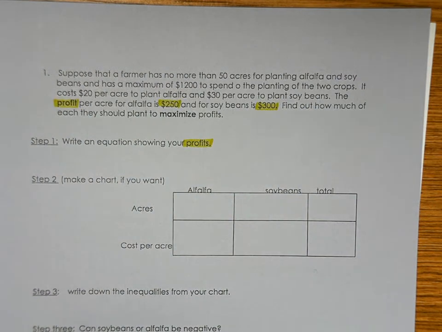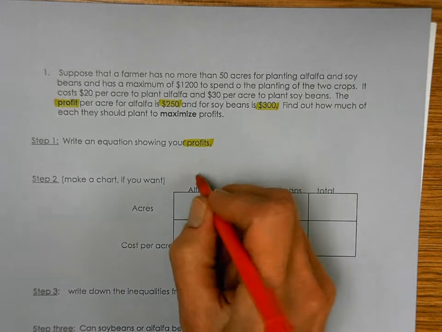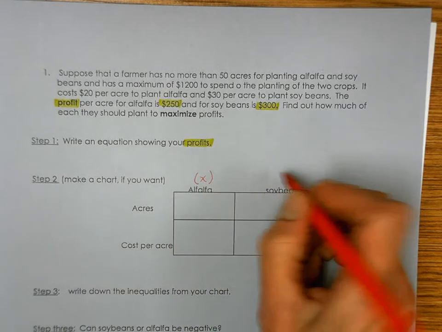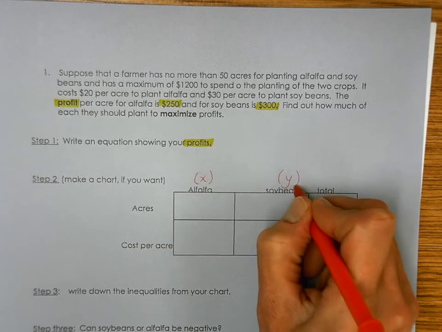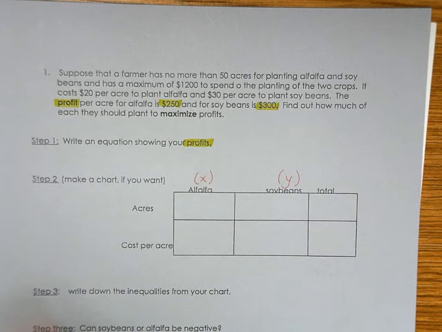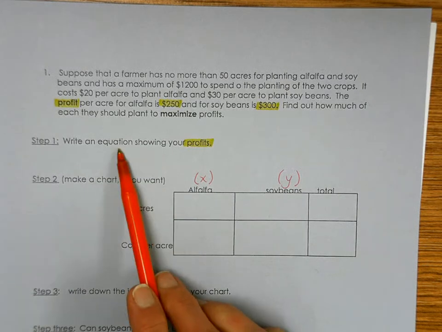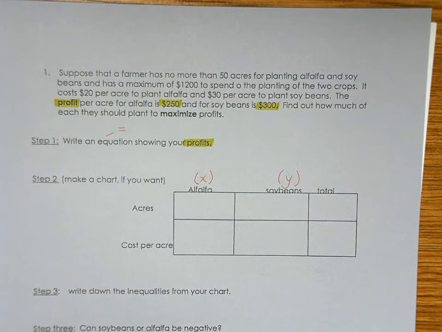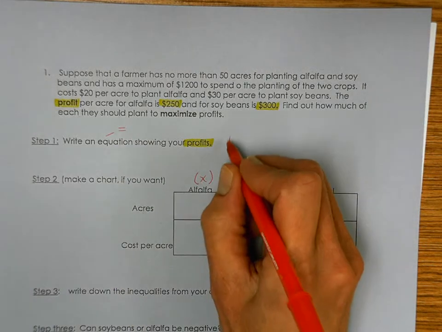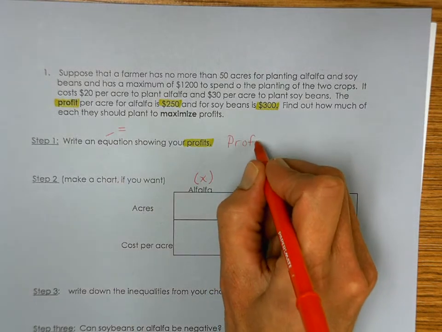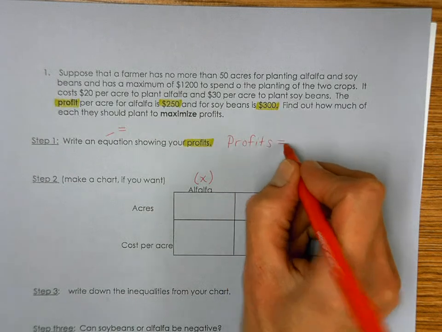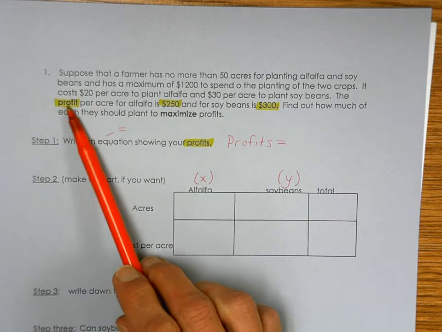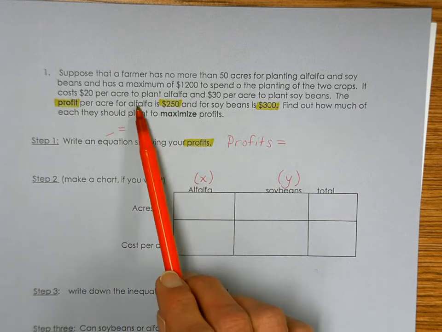Now we need to throw some variables in the mix. So let's say that our alfalfa is X and our soybeans are going to be our Y value. So if we want to come up with an equation, don't forget an equation has an equal sign. Let's do that. We're going to say our profits equals, okay, now profit here, $250 for the alfalfa.